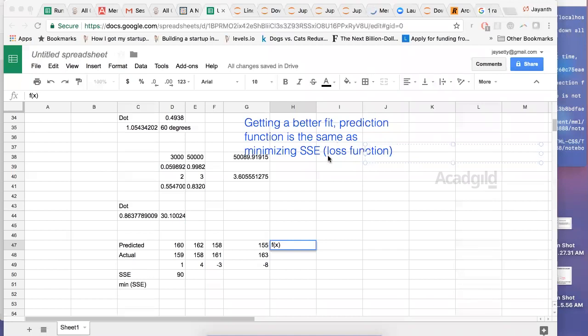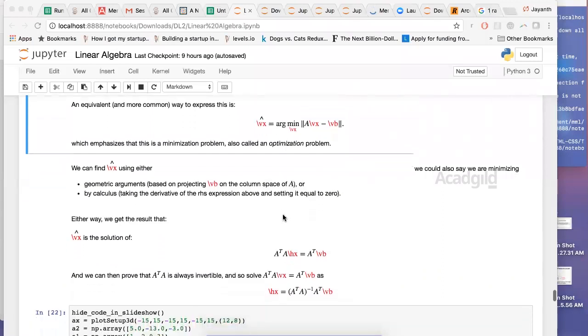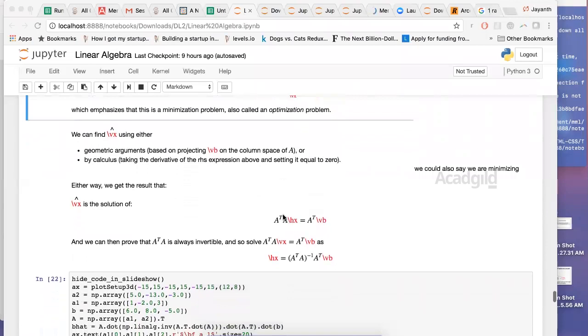Okay, next. Minimizing loss function is also called an optimization problem. The classic optimization problems include simulation, Monte Carlo simulation, genetic algorithms, etc. Traffic routing problems are optimization problems. So how do we go about it mathematically?